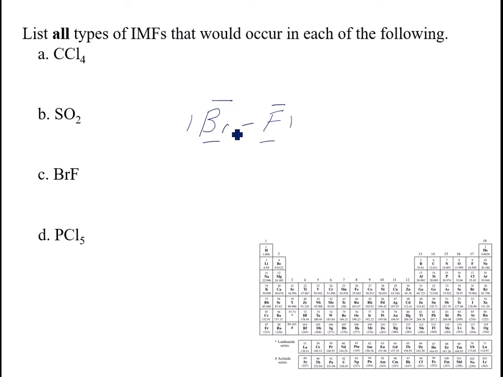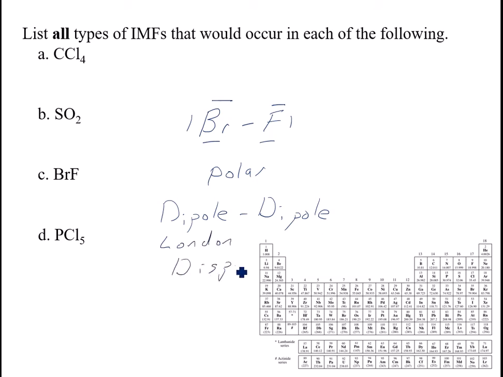Because these are 2 different atoms, it automatically makes this polar. And as such, it has dipole-dipole and London dispersion. Okay, so that's that one.